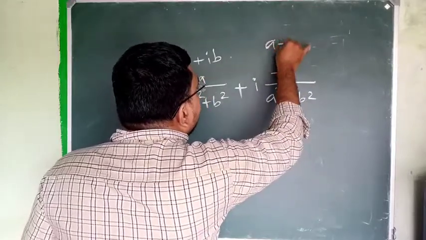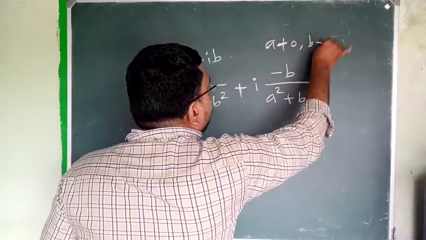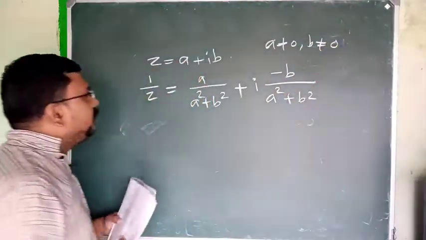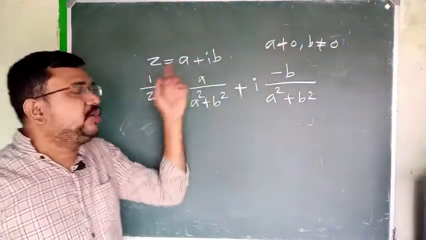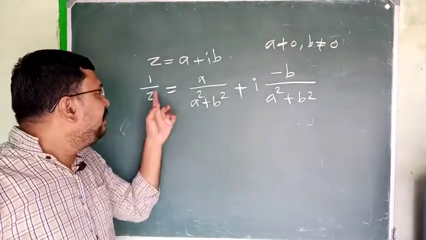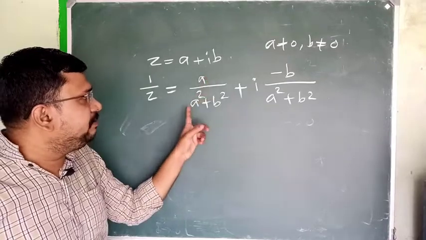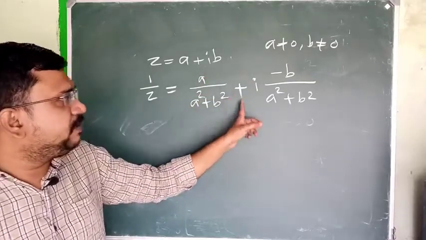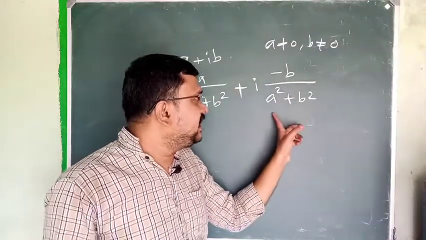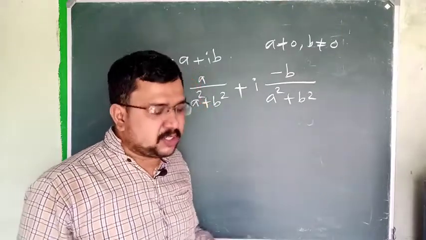Here remember that a not equal to 0, b not equal to 0. Then we can find out 1 by Z using the equation a by (a square plus b square) plus i into minus b by (a square plus b square).